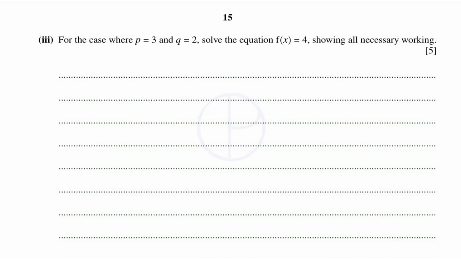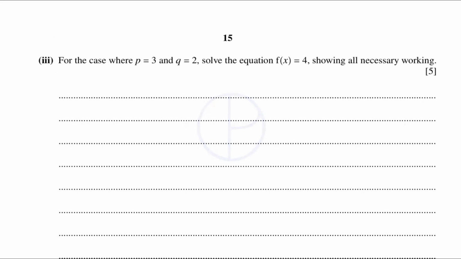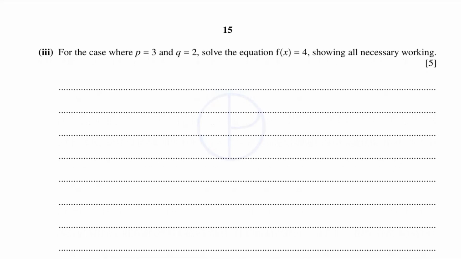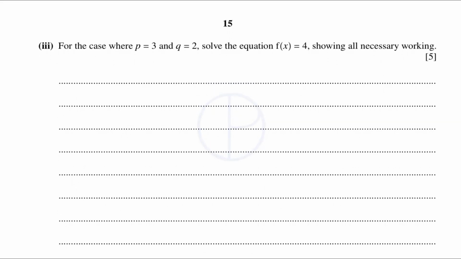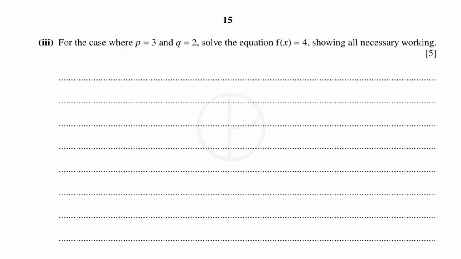The next part of the question is for the case where p is 3 and q is 2, solve the equation f of x equal to 4, showing all necessary working. So when you substitute p as 3 and q as 2, we get the function f of x as 3 sine square 2x plus 2.